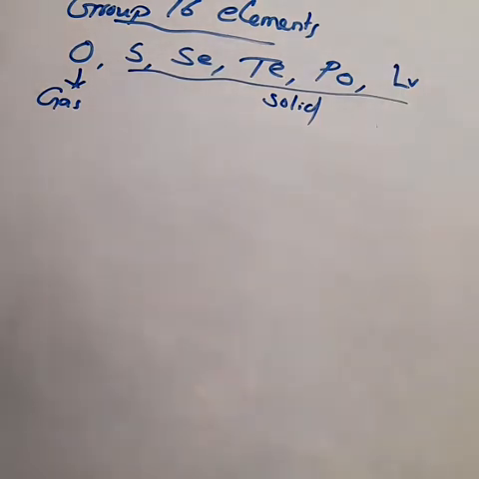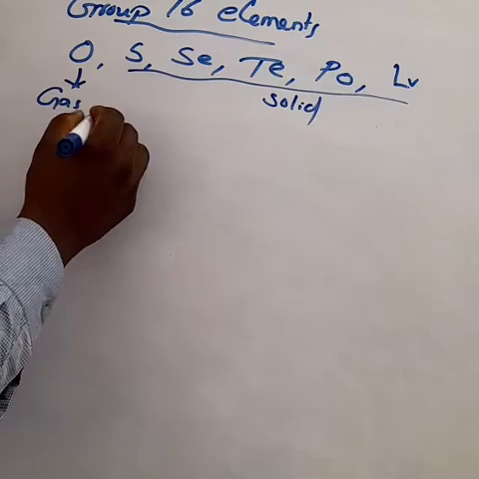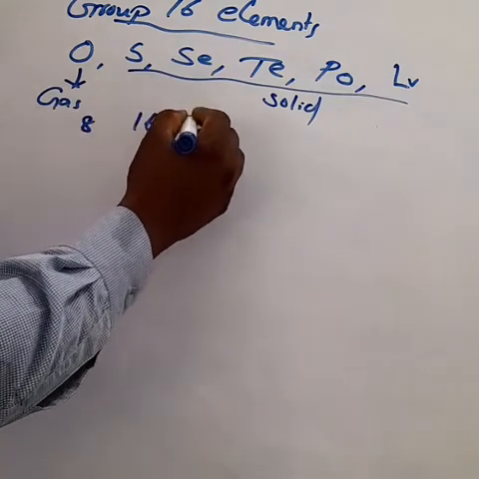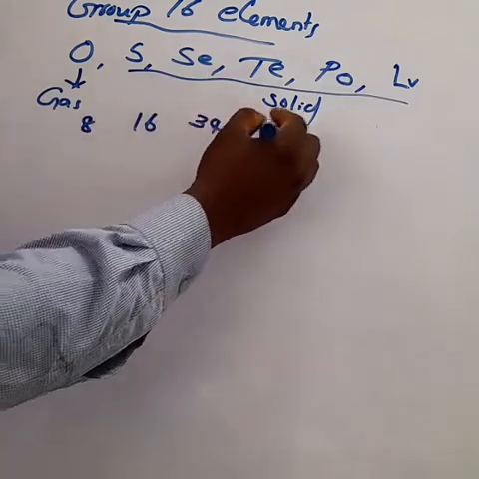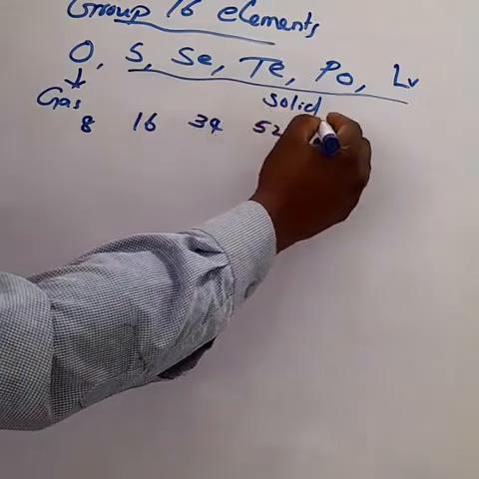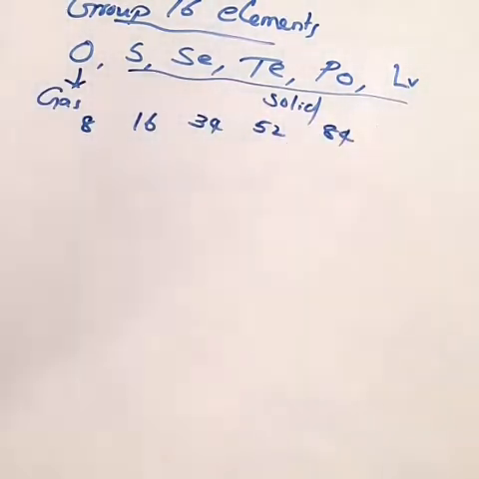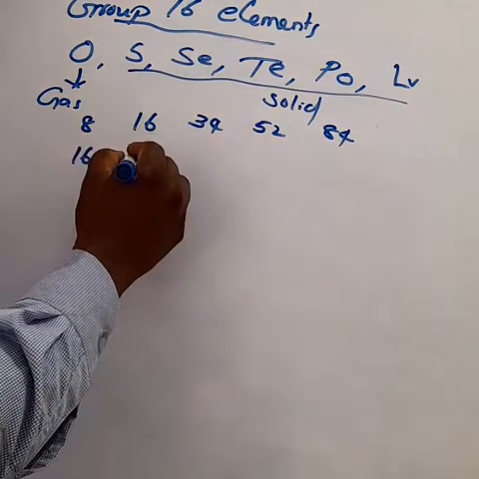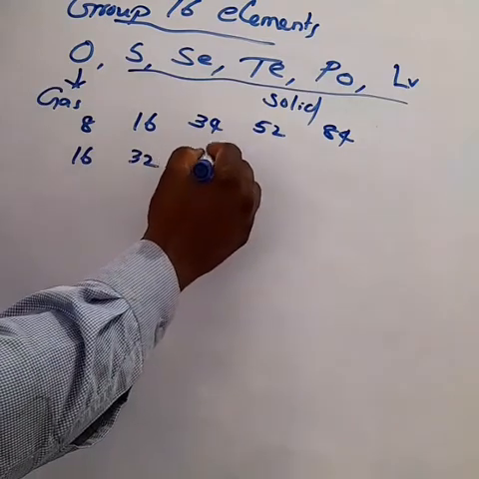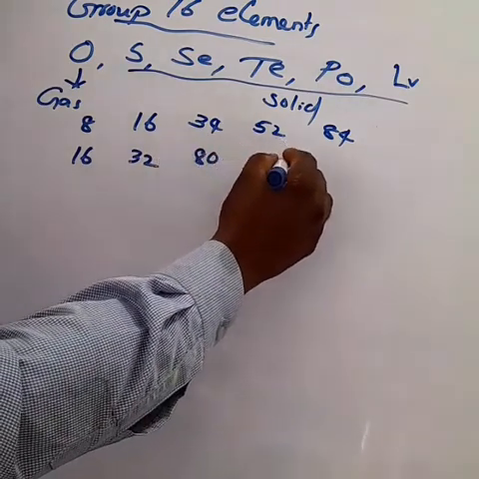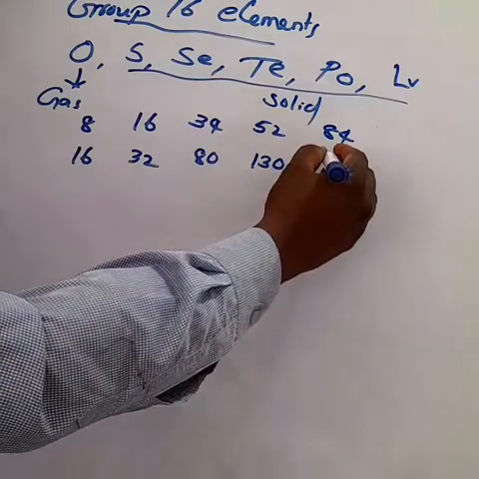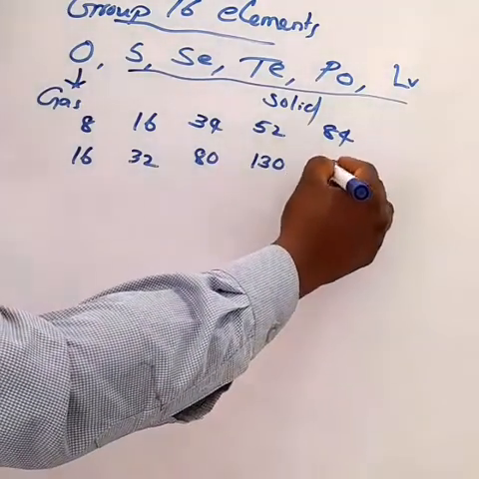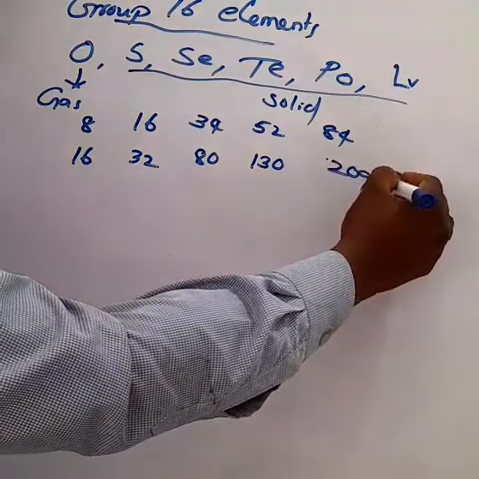The atomic number of oxygen is 8, sulfur 16, selenium 34, tellurium 52, polonium 84. Oxygen has a single isotope: oxygen 16, sulfur 32, selenium 80, tellurium 130, and polonium has two isotopes, Po 209 and Po 210.